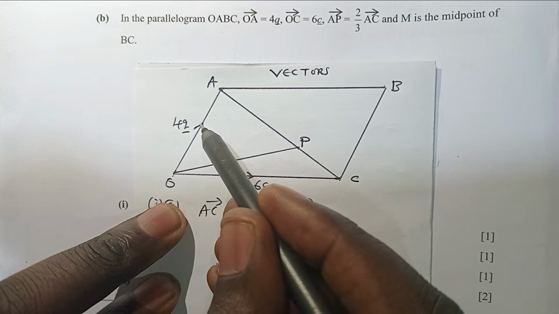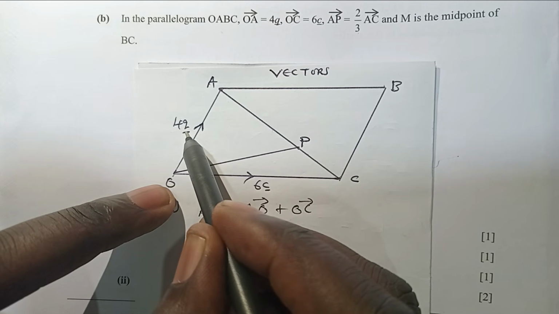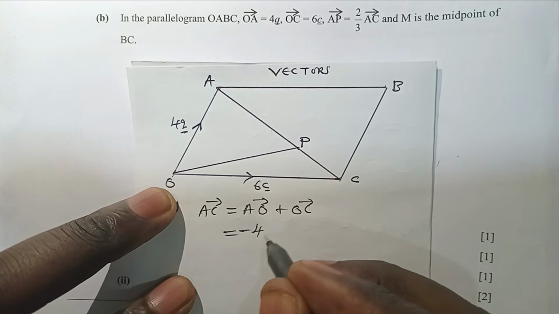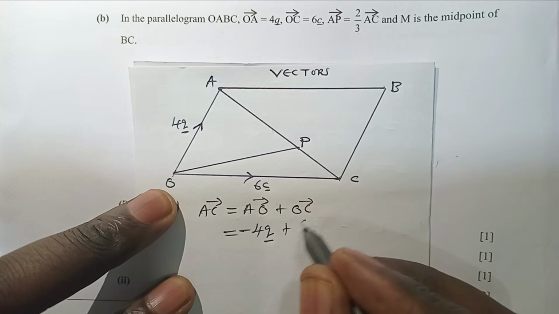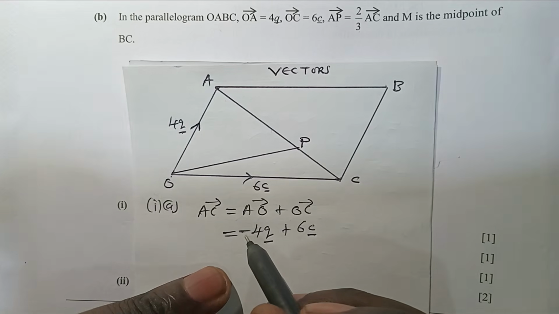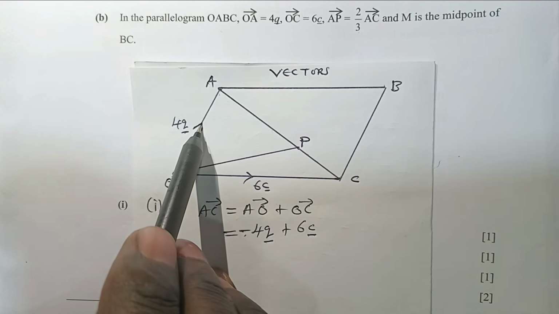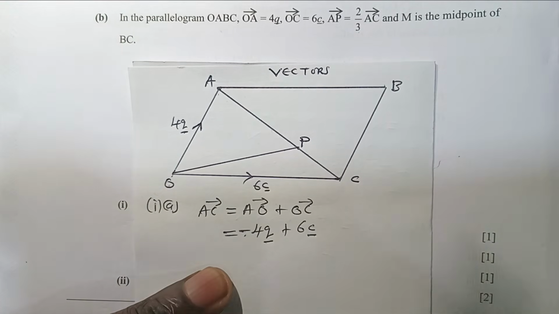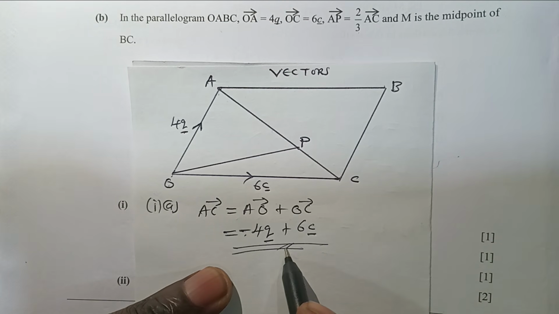We are going against the direction of the magnitude, so this is going to be negative 4q under bar plus 6c under bar. We've indicated the negative sign here because we are going against the direction which has been indicated for the vector OA. So this is going to be the solution for the first part of the question.